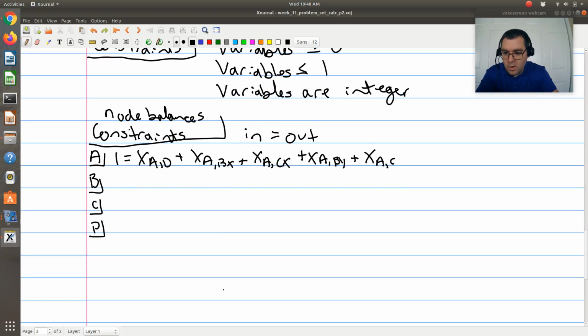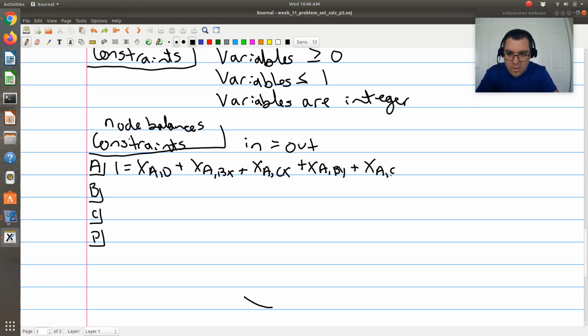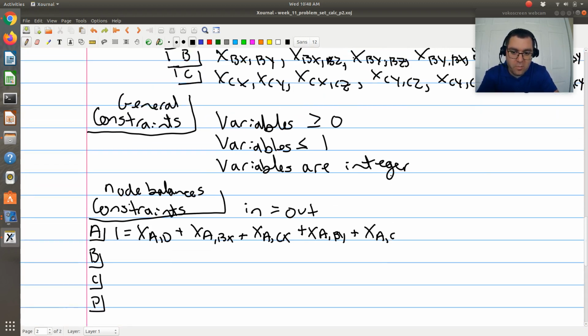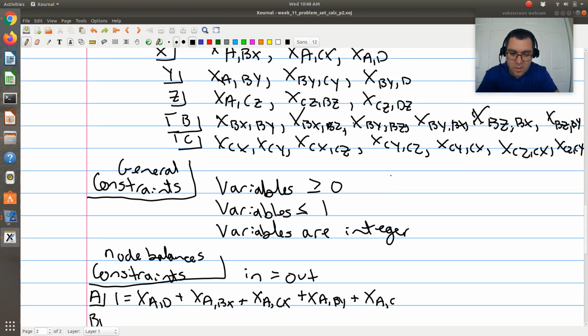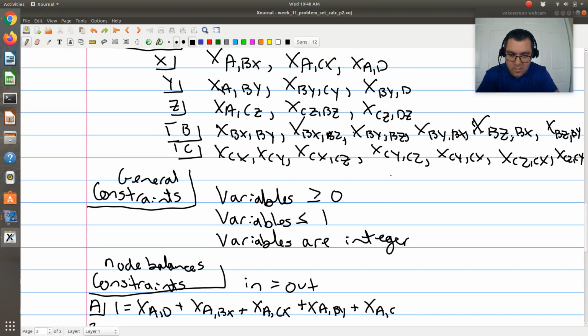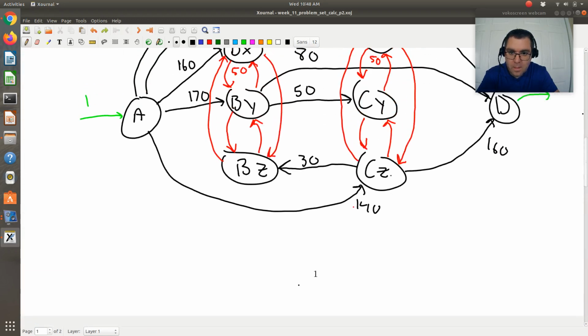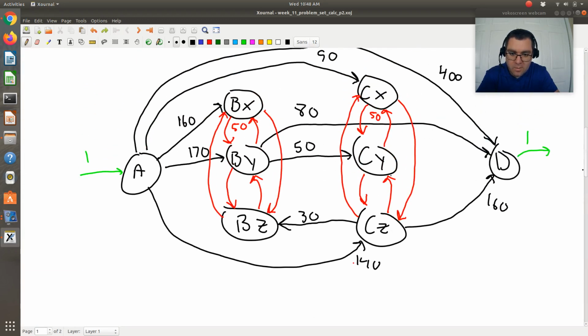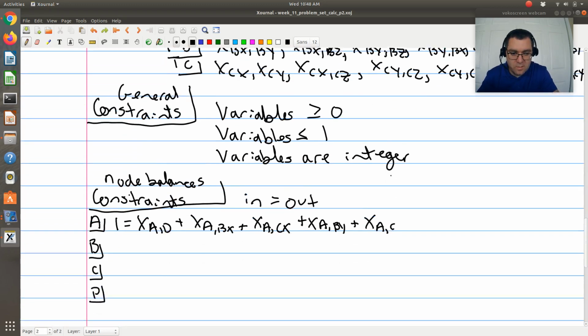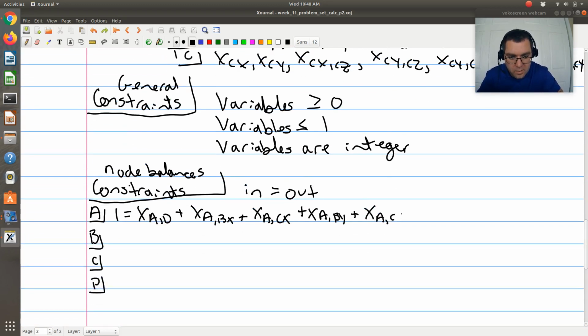So in terms of nodes, hold on. Now I lost one. I don't have nodes B, C, and D. I have BX, BY, BZ, CX, CY, CZ, and D. So I need to write them all down. So in terms of flights out of A, B, Y, then it was A, C, Z. CZ was what got erased a little bit. Okay, so I goofed up.